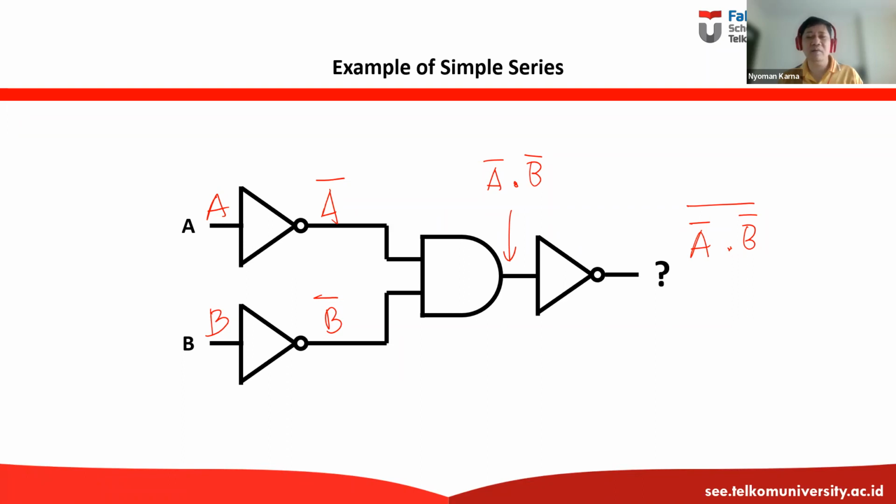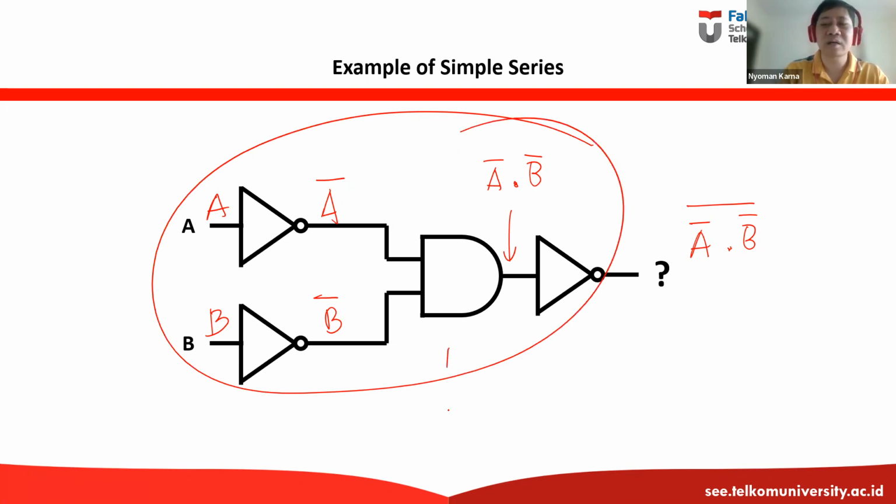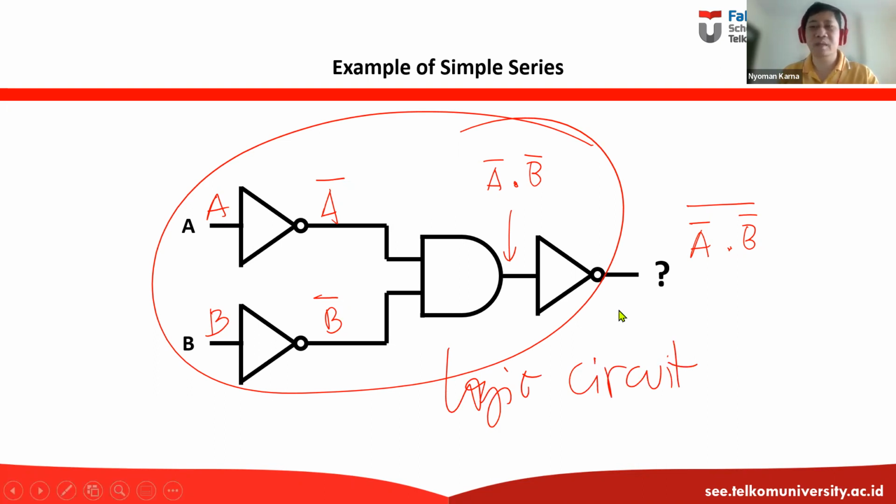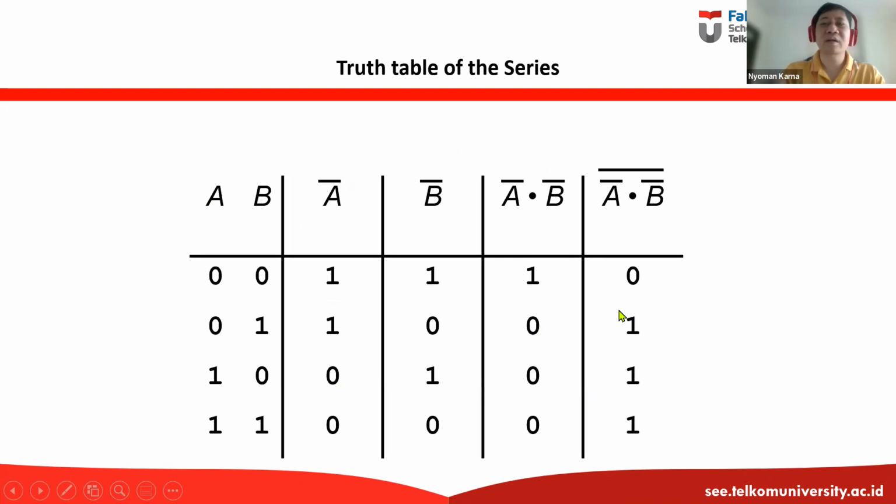Okay. We have, see, this is what we call a circuit. So this is what we call a logic circuit. And this is what we call the truth table. Truth table explains the combination or relationship between input and output in a table.